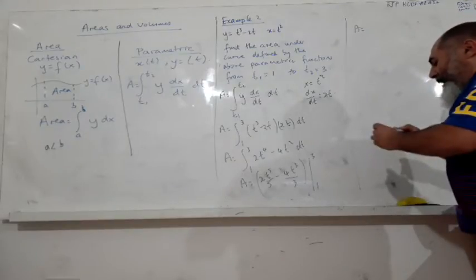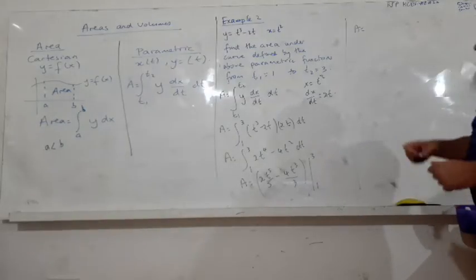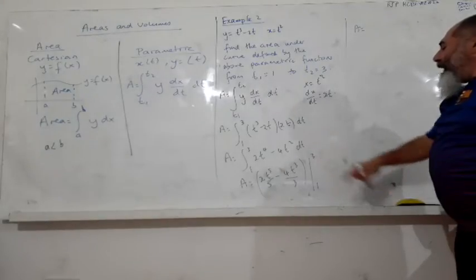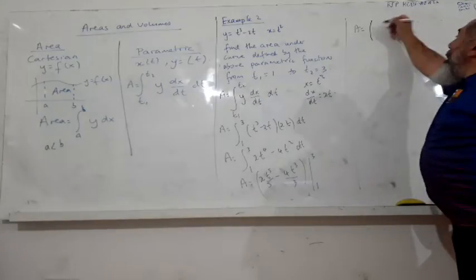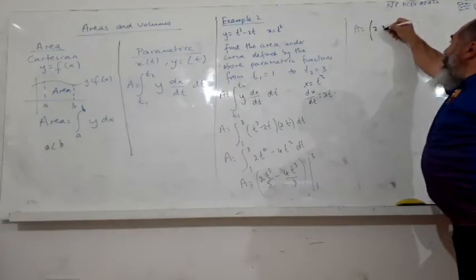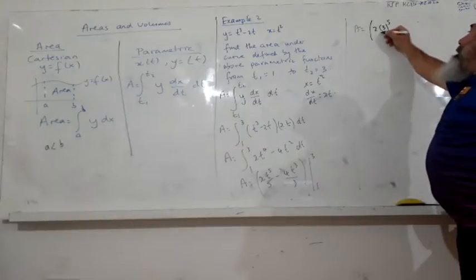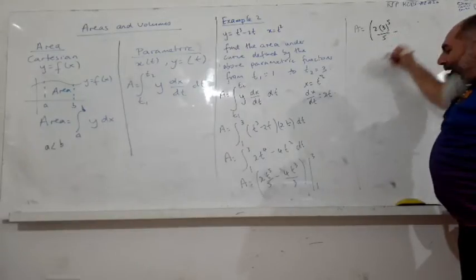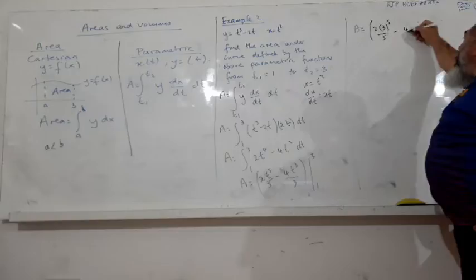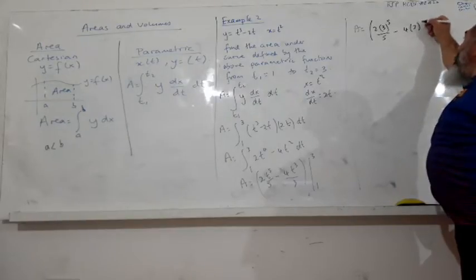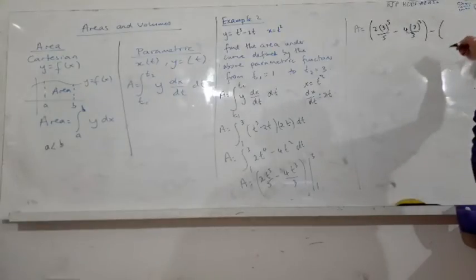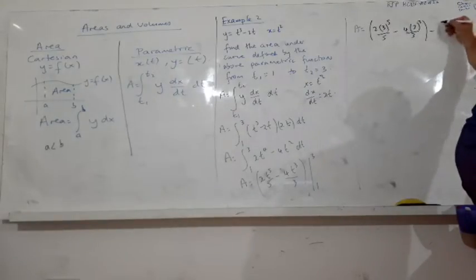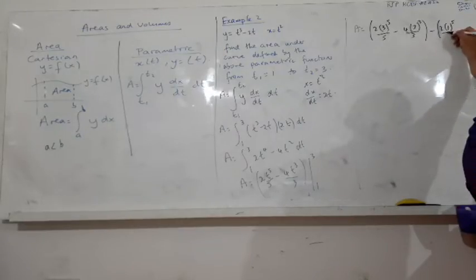First of all, we have to substitute 3: 2 times 3 to the power of 5 divided by 5 minus 4 over 3 times cube of 3, minus 2 times 1 to the power of 5 divided by 5 minus 4 over 3 times cube of 1.